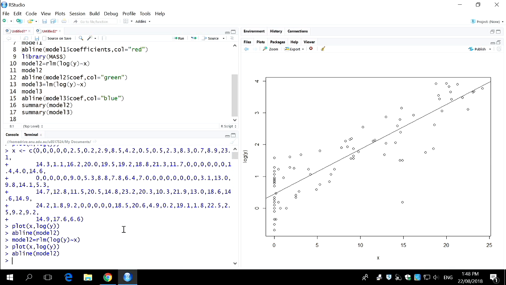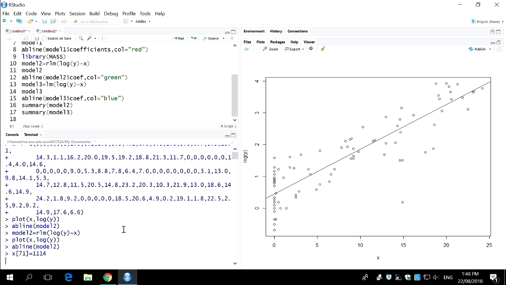Now I'm going to take that bottom point there, this rat here, and I'm going to make its X really, really big again, like I did before. So I'm going to go X71 equals 1,014, that'll do. A hideous typo.